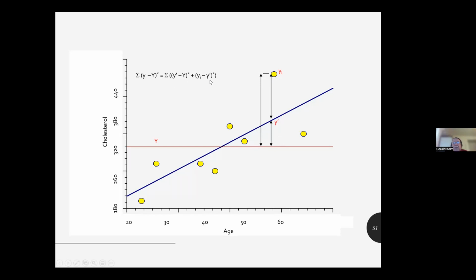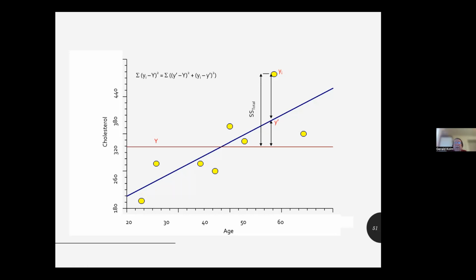So that's why they're squared. But that's basically what this is. The distance between the observed value and the mean is partitioned into two different components: the difference between the observed and the regression, and the predicted and the mean.